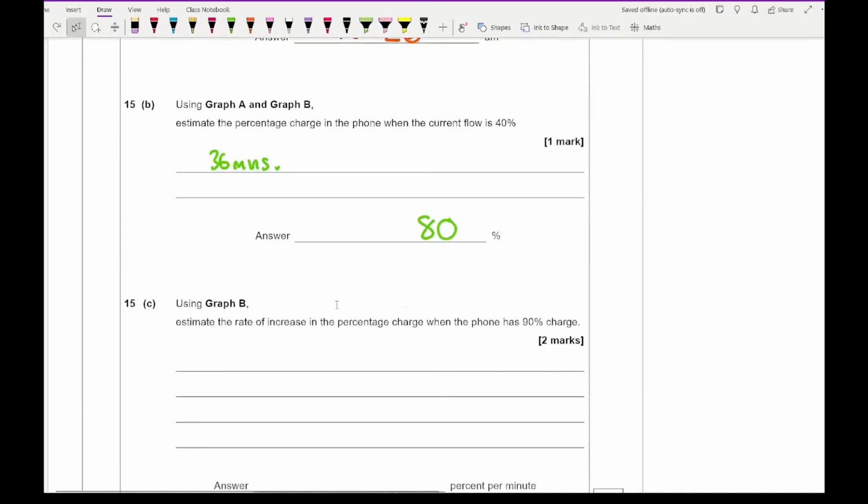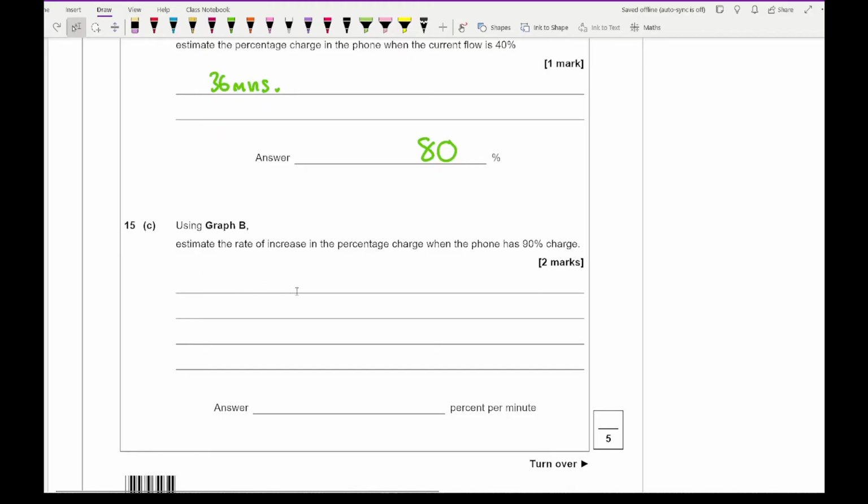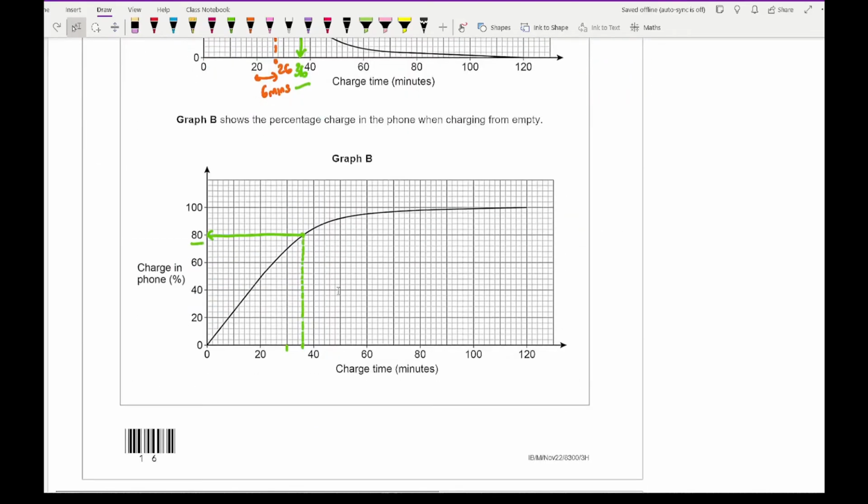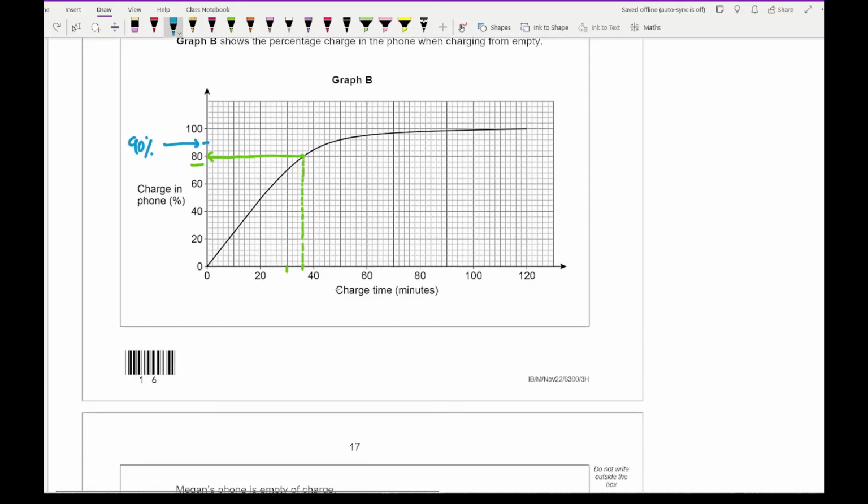It then says for part C, using graph B, estimate the rate of increase in the percentage charge when the phone has 90% charge. So what we need to do here on graph B is first of all find 90%, which is there. Let me just draw a little arrow. So that's 90%. Then we continue there until we hit the curve. Now we want to work out the gradient at this point.